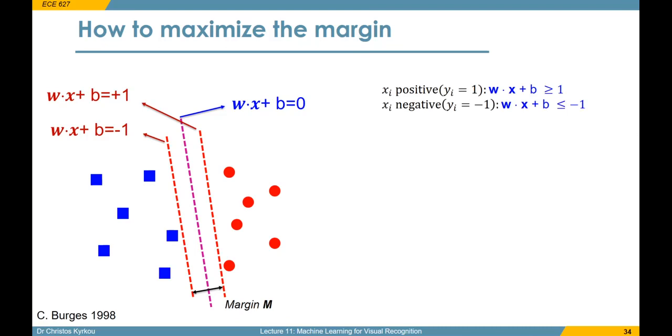And we want to basically find the values of W and b so that for every positive example, the value of W times x plus b is more than 1. And for all the negative examples, Wx plus b gives us less than -1.